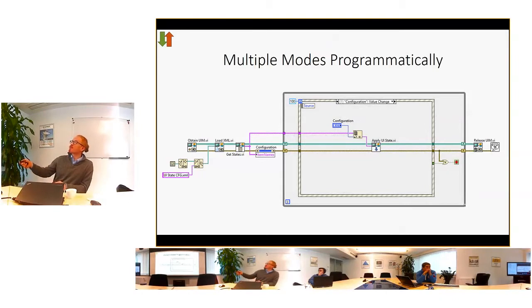And then you just apply that user interface state from the list of the ones that you have available. And with this kind of, let's say, standard approach, you can use this in any application, and you will give the user an option to swap between states programmatically.